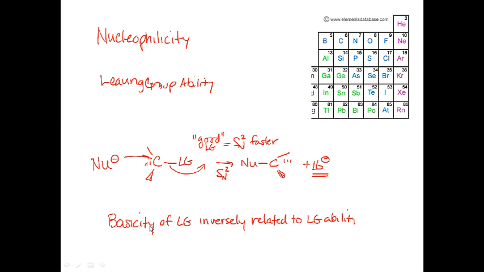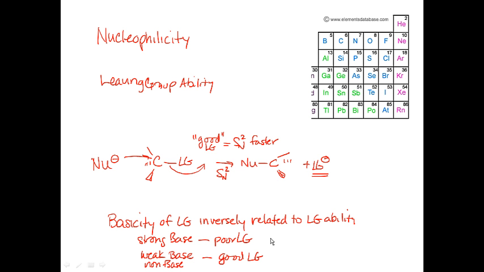And what that means is that when you have a strong base, you have a poor leaving group, and when you have a weak base, or if you remember back, I introduced the idea that something really can act not as a base at all, that gives you a good leaving group. So leaving group ability is only based on one thing, basicity, and it's inversely related to the basicity.